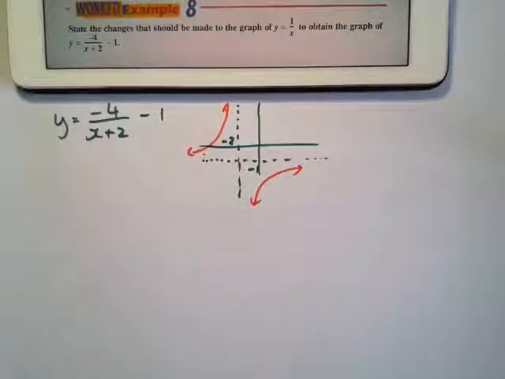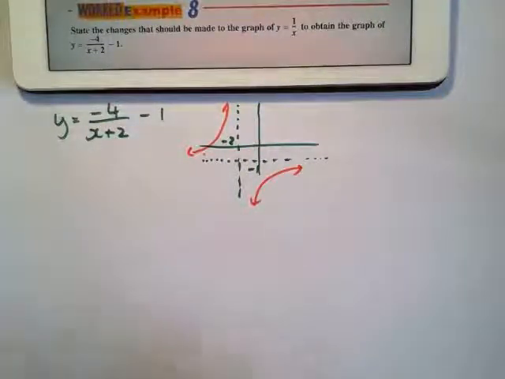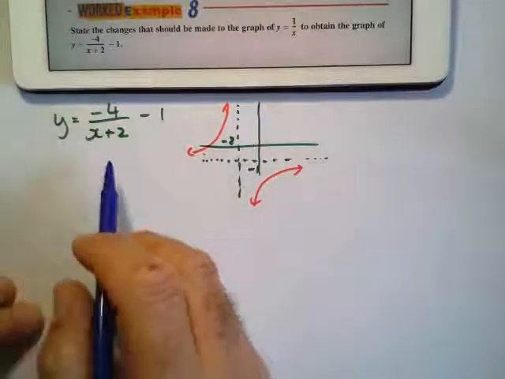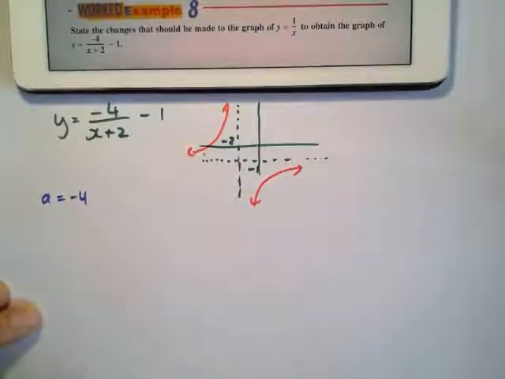All I'm going to do now is state the changes. So when I state the changes, I am going to identify the values as well. I'm going to say a equals -4.